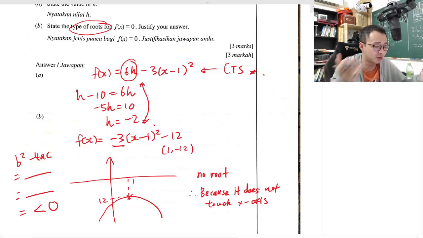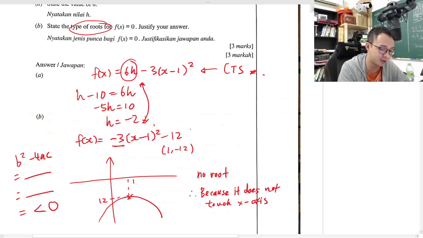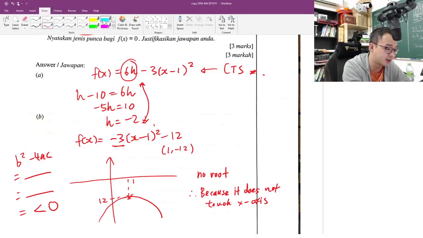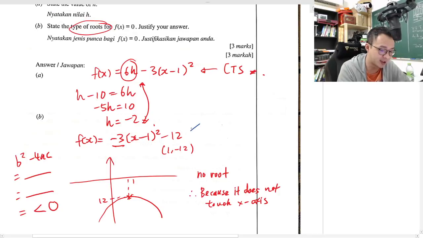But to do b squared minus 4ac, you basically need to expand this equation. Luckily f(x) equals 0, so I can simplify it. I divide by negative 3 for my whole f(x) because I just want to justify it quickly.